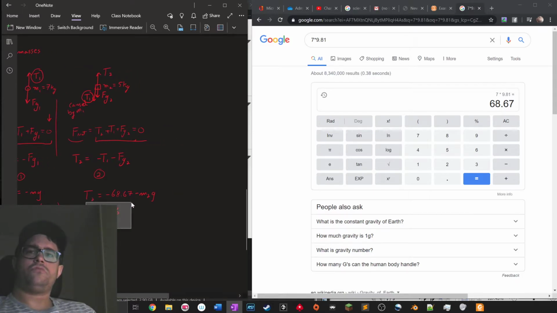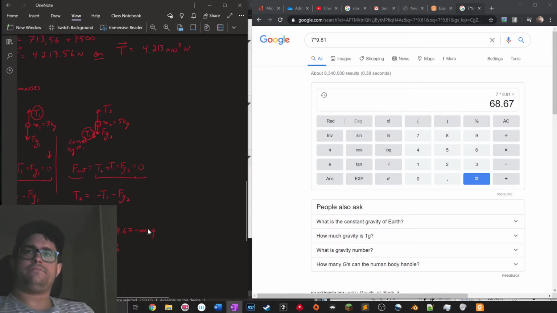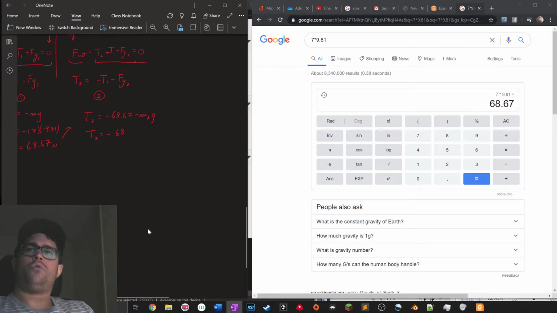Now this T2 isn't going in the right direction, don't you think? This T2 has a minus here and a minus here. How in the heck is it going to end up positive? Let's check it out. 68.67 minus, so M2, what's the mass again? 5 kilograms times minus 9.8. Oh, there's a little hope right here.